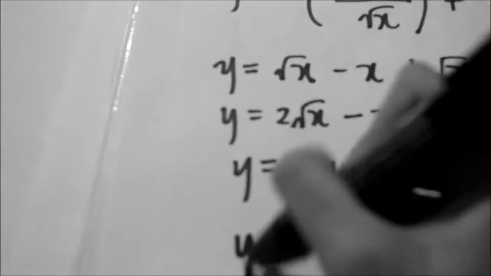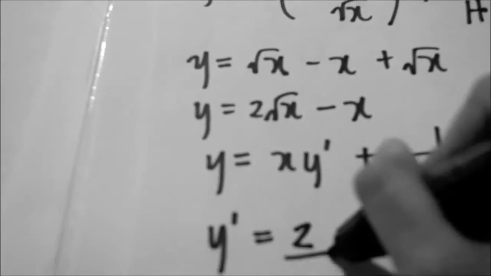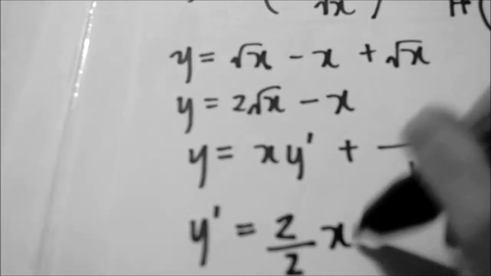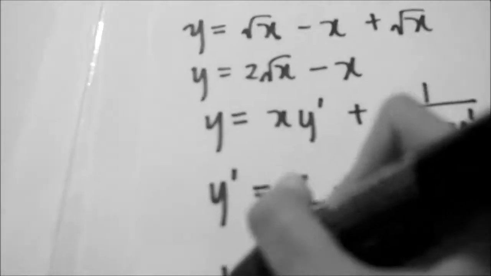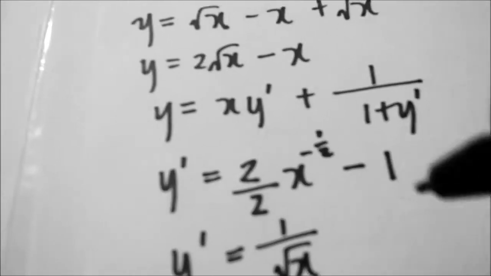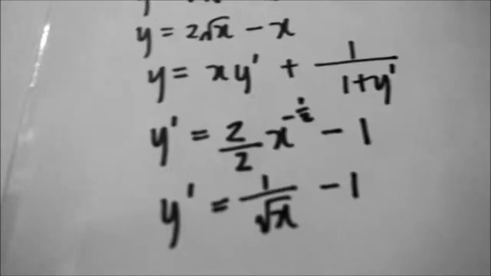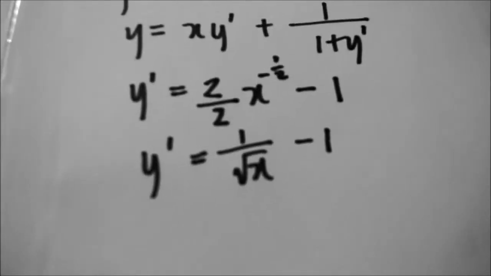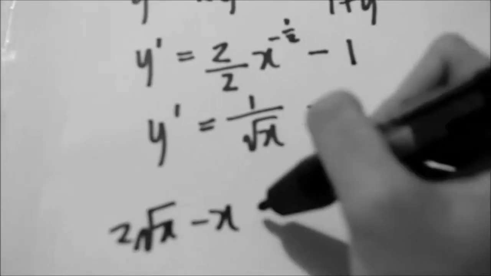So differentiate both sides, we'll get y prime equals 2 over 2 x to the negative 1/2 minus 1. So y prime is equal to 1 over square root of x minus 1.